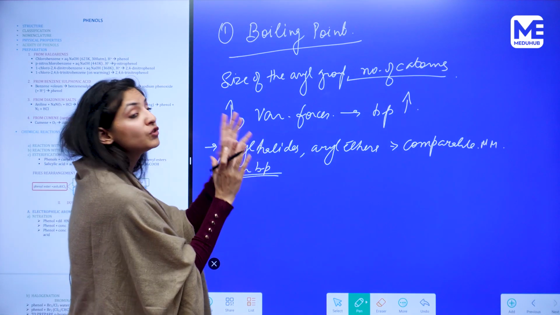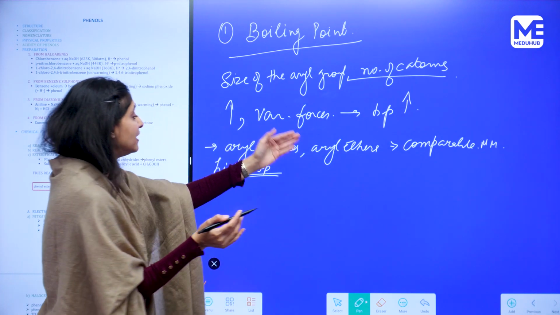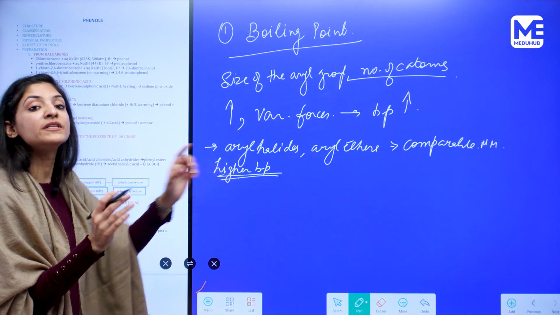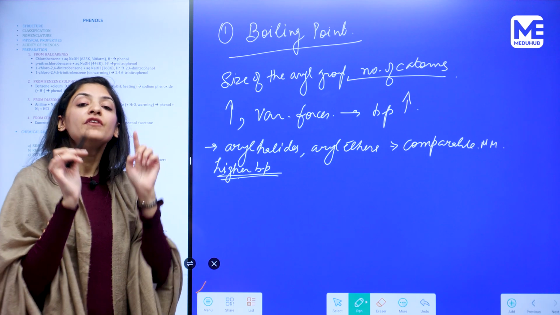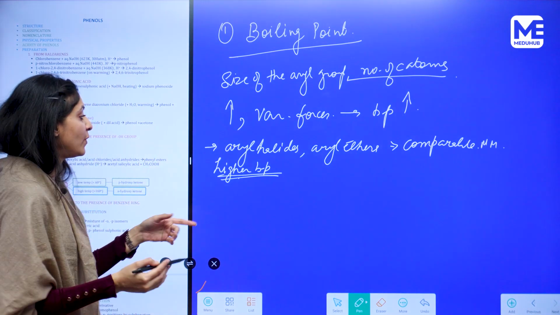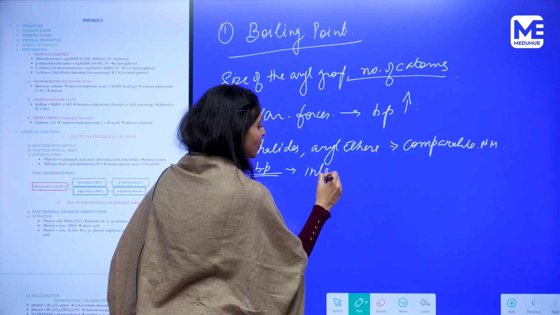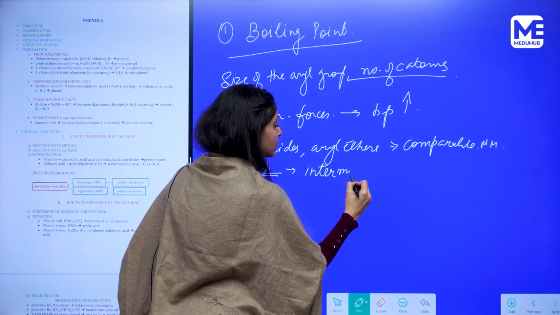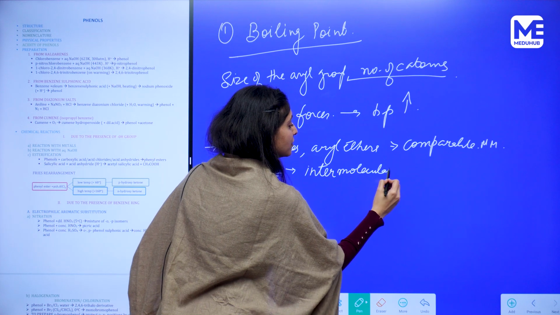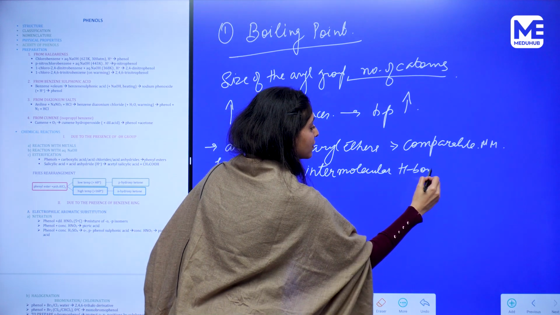But if we have two molecules to compare, one is an aryl halide and other is a phenol, which have comparable molecular masses, phenols will always have a higher boiling point, and that is because of intermolecular hydrogen bonding.